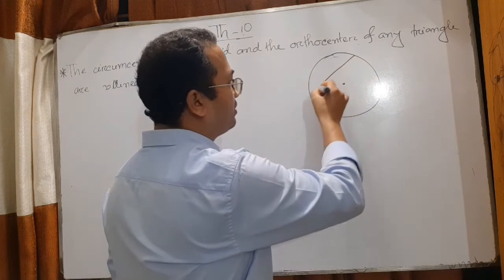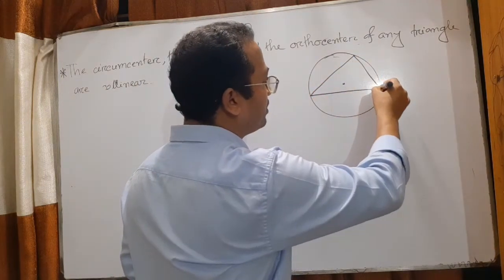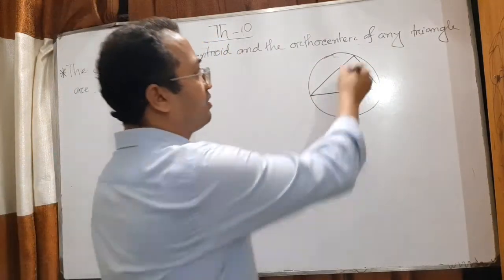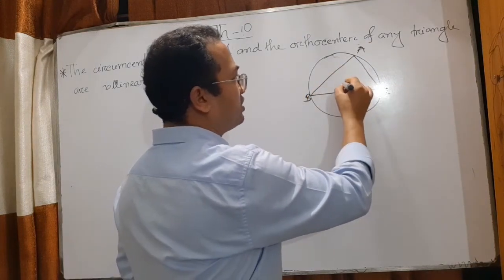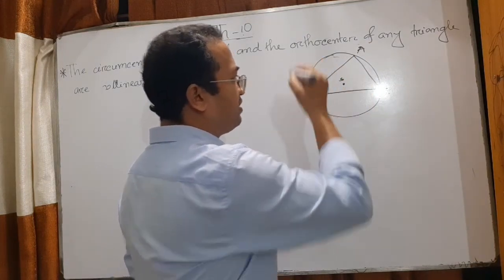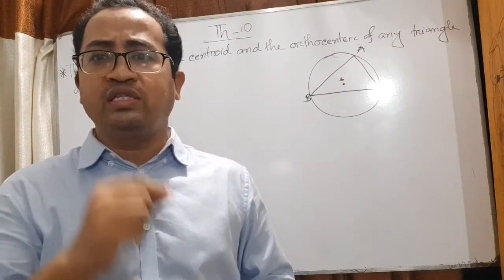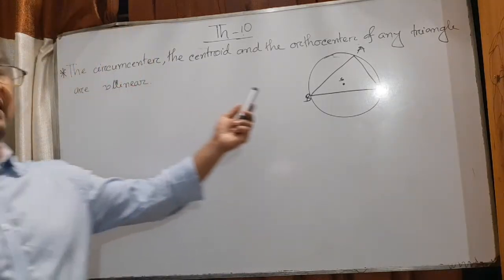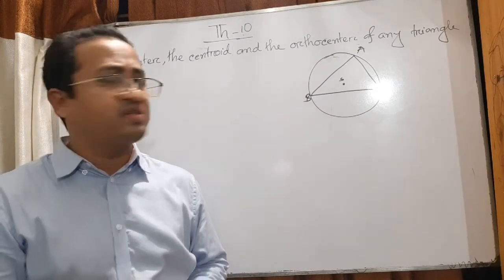Now a triangle ABC inscribed in this circle. So if I say this is S, what will be the S? From the definition we know this S is the circumcenter of the triangle ABC.